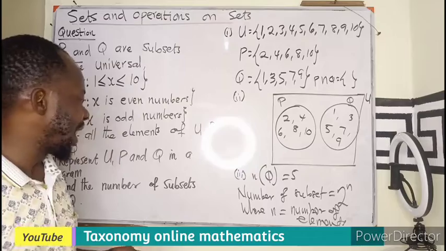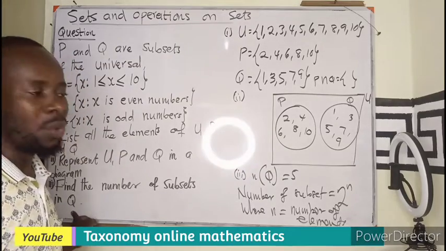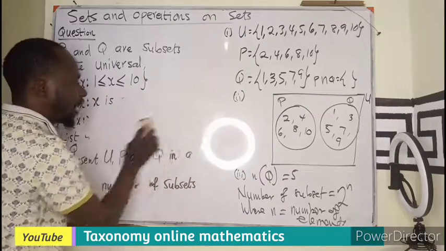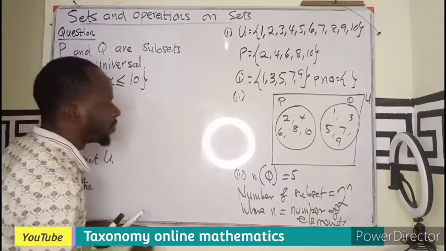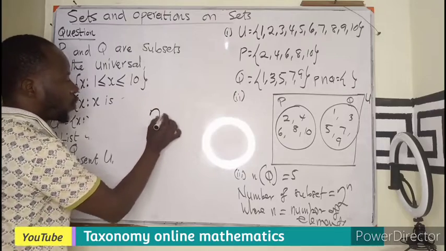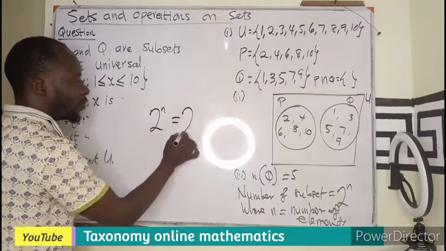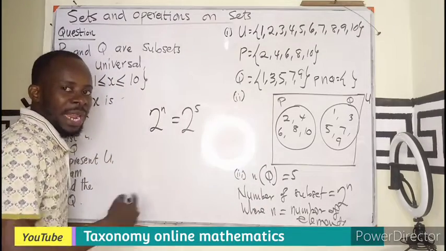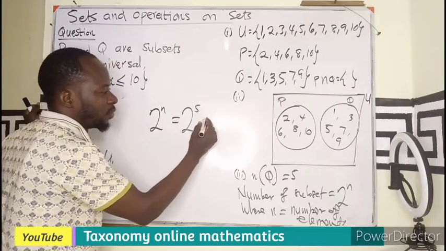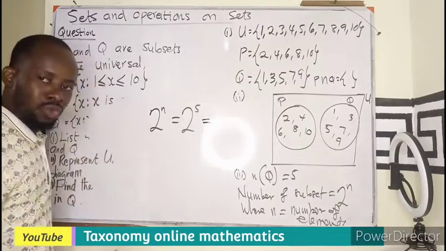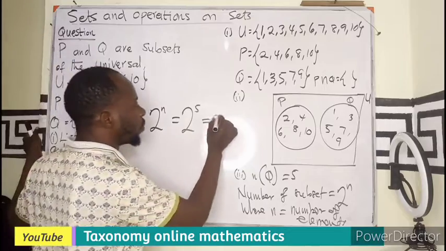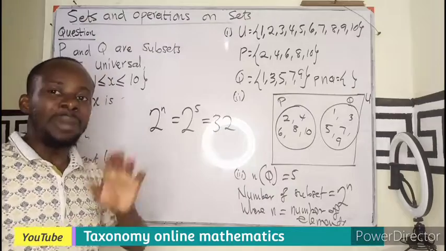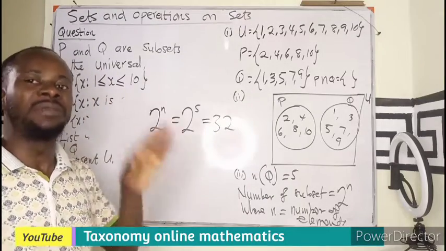If we are looking for the subsets of the set Q, and the number of elements of Q is 5, then the number of subsets is 2 to the power n, which becomes 2 to the power 5. So if you find 2 times 2 times 2 five times, that will give you 32, meaning there are 32 different subsets of a set that contains 5 elements.